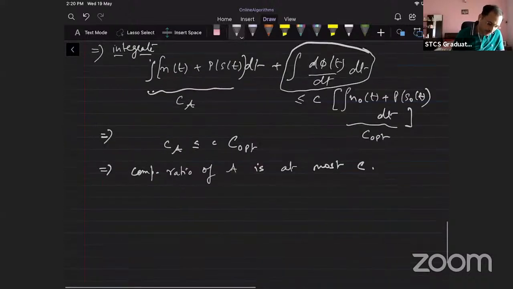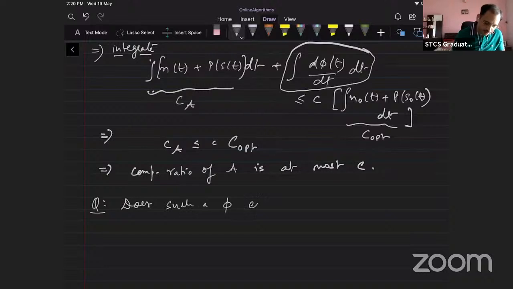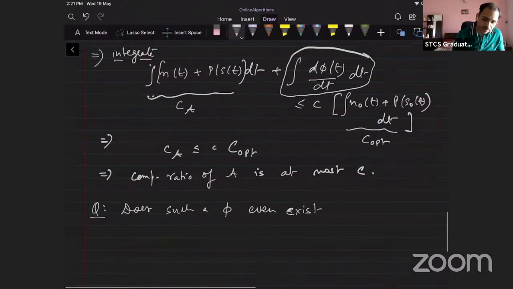Okay, so now the question remains, does such a phi even exist? See, phi also comes with a, let's call this little c, a little c pair. That c could be arbitrarily large. We don't want that to happen. We want c to be small.